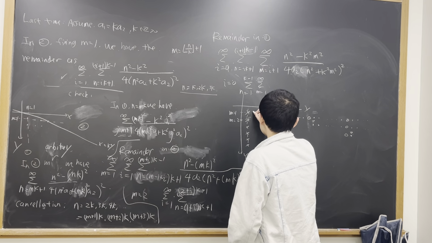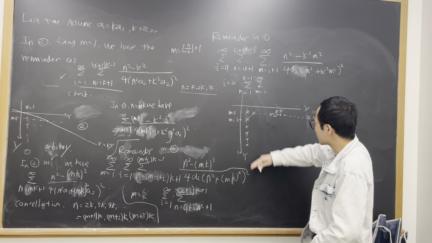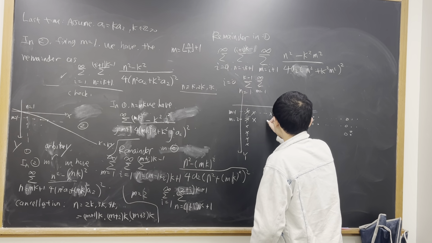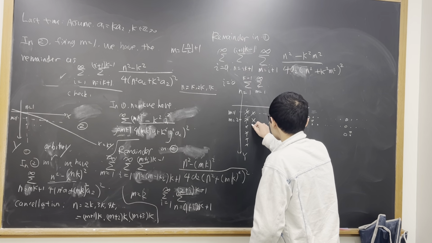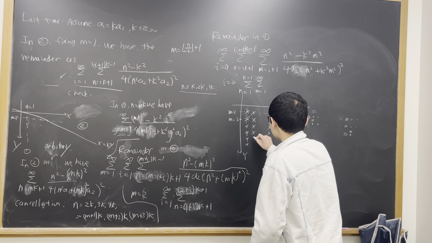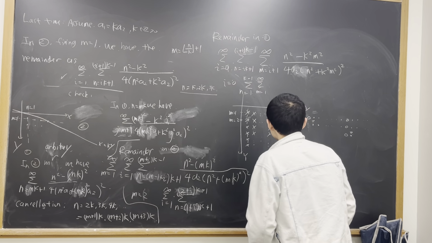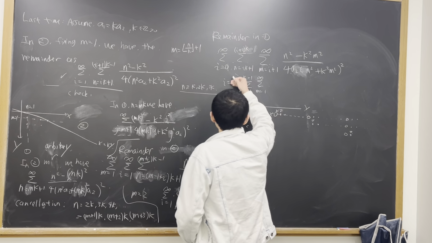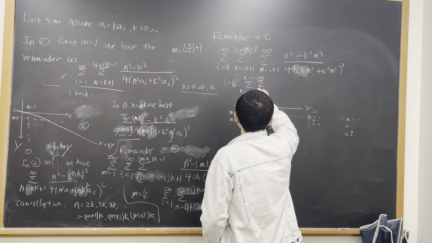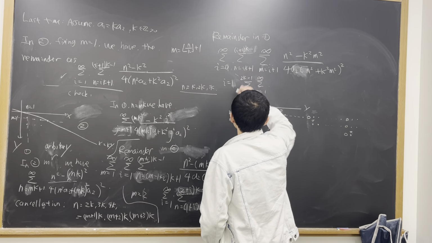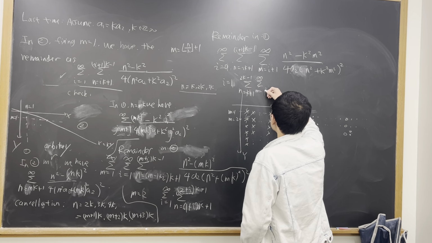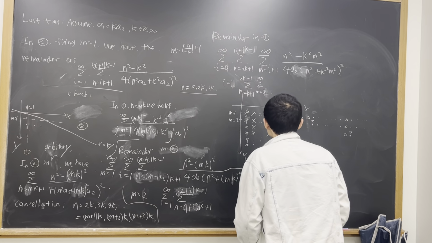So all the points in this region, I think they are being mapped by this one. Yes. And then let's see when i equal to 1. So when i equal to 1, this n starts at k plus 1 and ends at 2k minus 1, and then this m starts at 2.